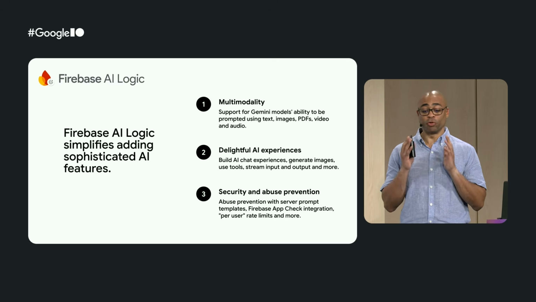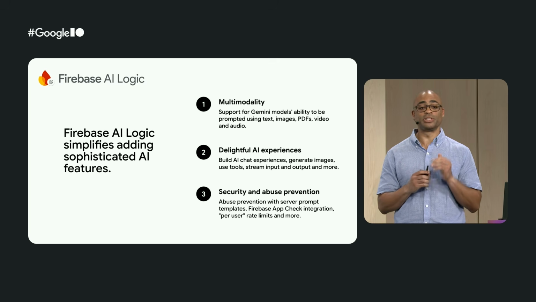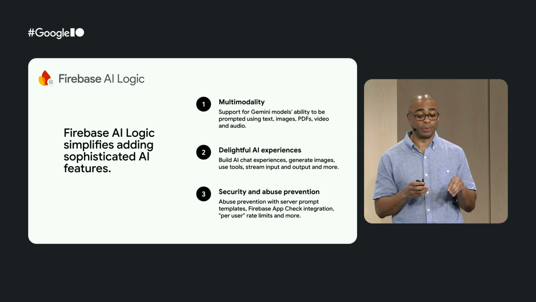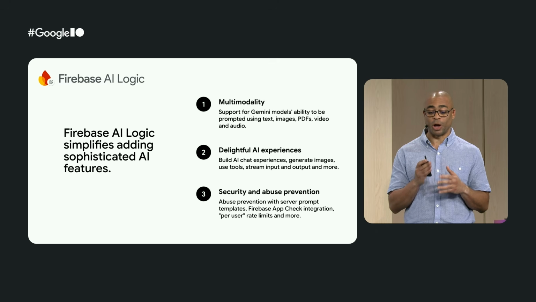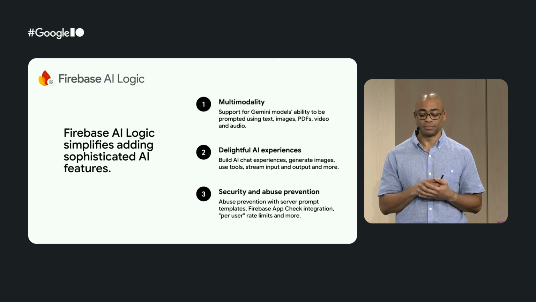Protecting your Gemini resources from abuse is a key value proposition for using Firebase AI Logic when implementing AI features in your app. Server prompt templates help protect your prompts from being exposed on the client side.